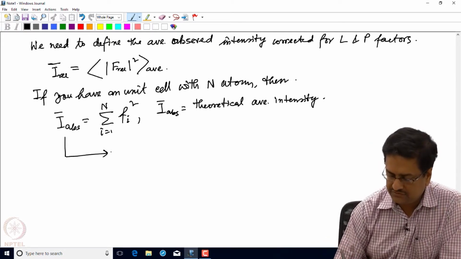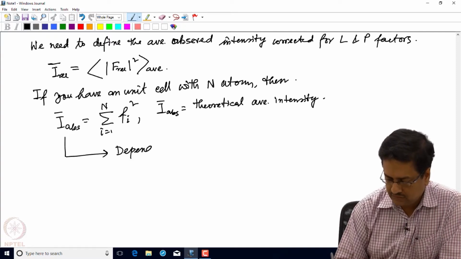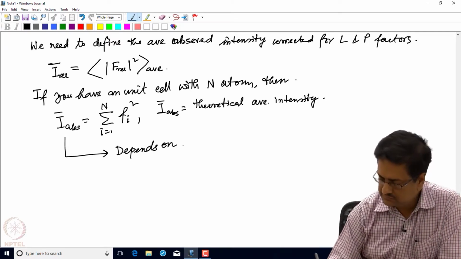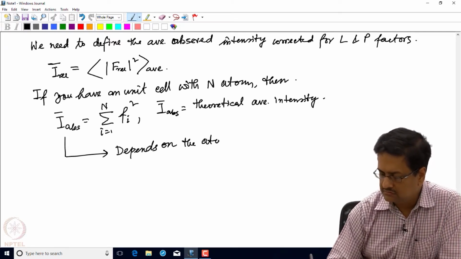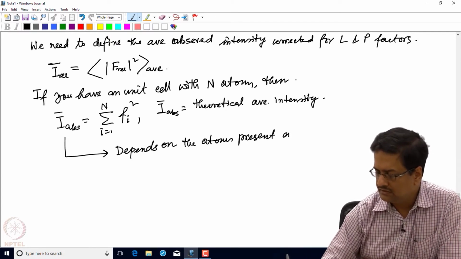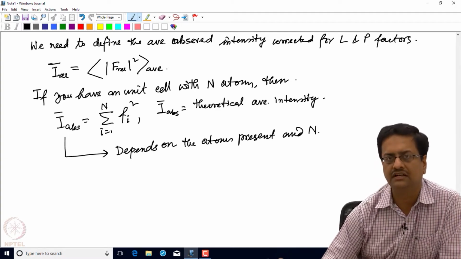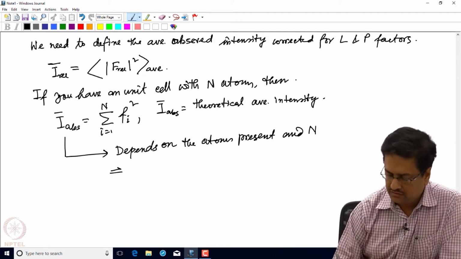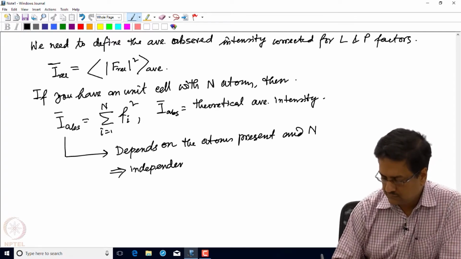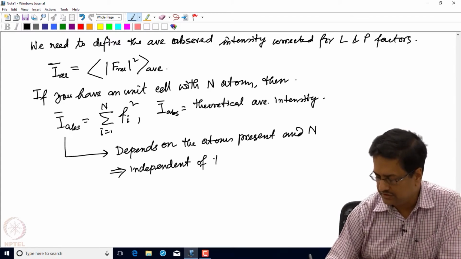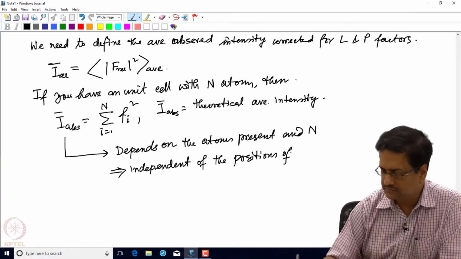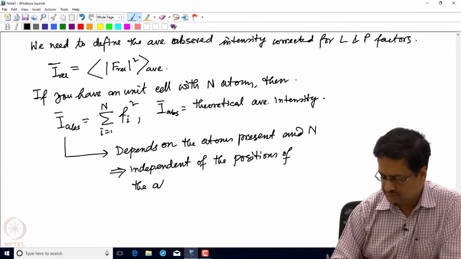And this I ABS depends on the atoms present and the number of such atoms present. It is independent of the positions of the atoms.